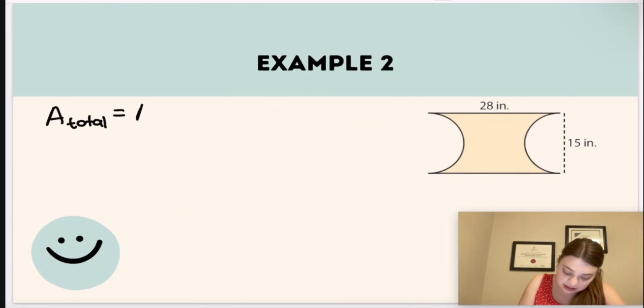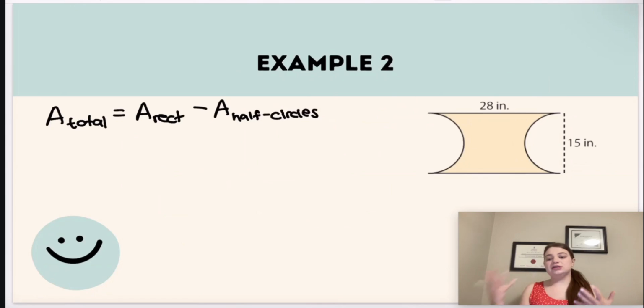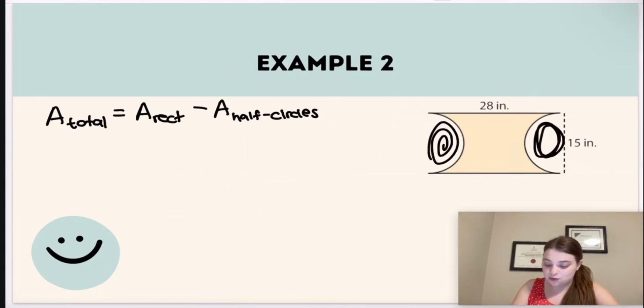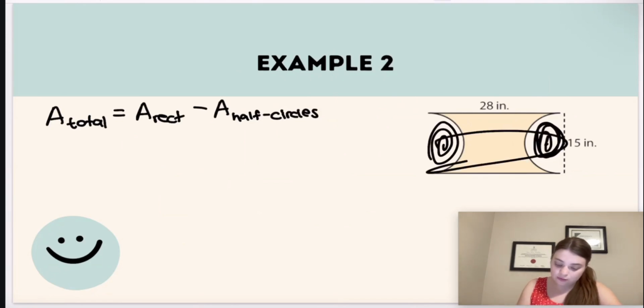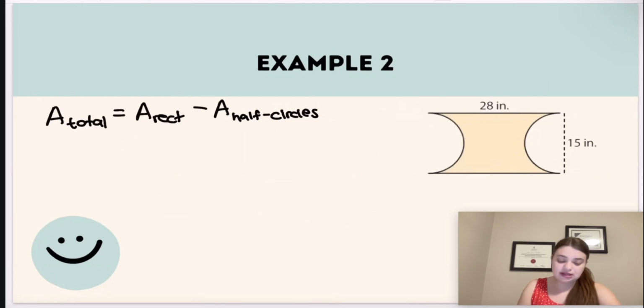In total, the half circles will make a full circle. So overall we'll take out a full circle, because we have half of it over here removed and half of it over here removed. Before we worry too much about that, first let's find the area of the rectangle.